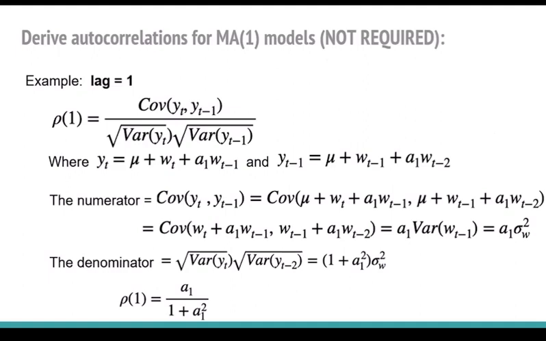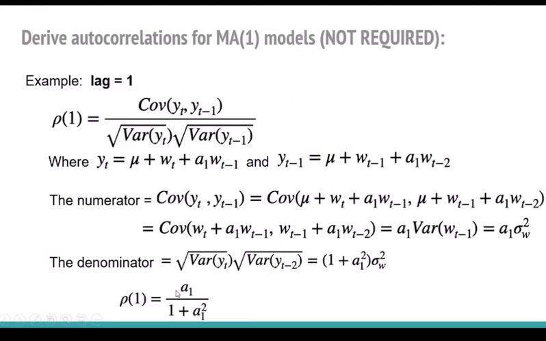This is the formula we're going to use; we just need to plug in A1 from the model. But what I'm going to show you here is how to derive this formula.